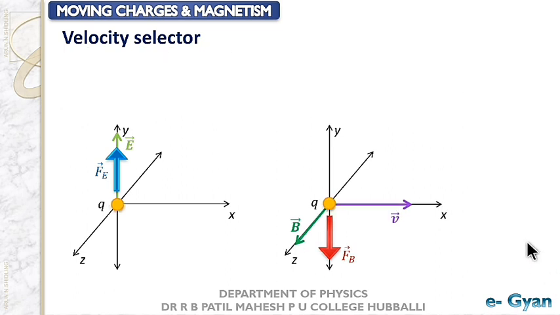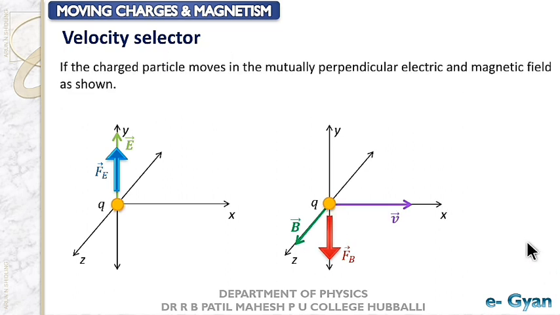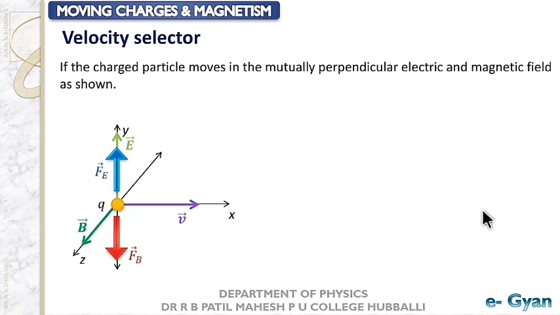Now my interest is in merging these two, in such a way that the electric field becomes perpendicular to the magnetic field. Now I would merge both of them in this manner. So here I have an electric field along the y-axis and magnetic field along the z-axis, and they are perpendicular.